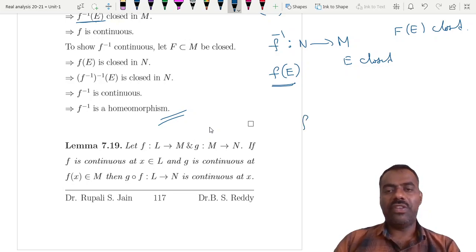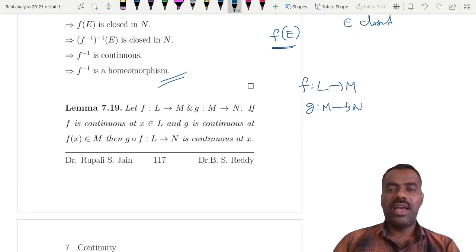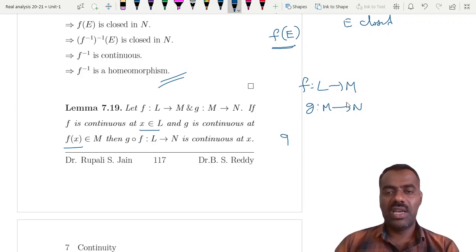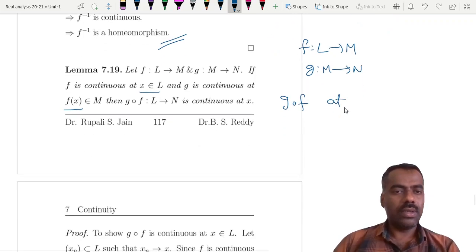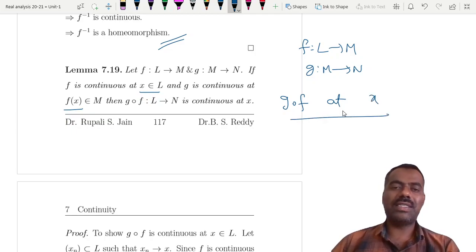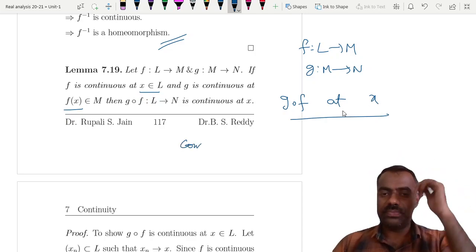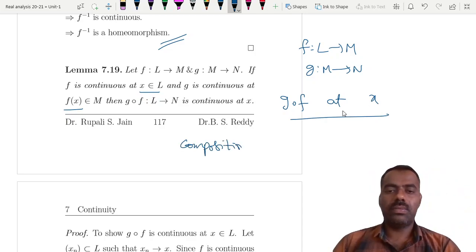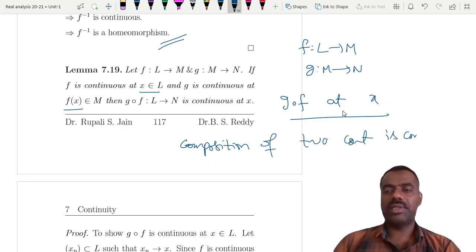That means if f maps from L to M and g maps from M to N are two functions such that f is continuous at x and g is continuous at f of x, then g compose f is continuous at x. It is simply the composition of two continuous functions, which is again continuous.